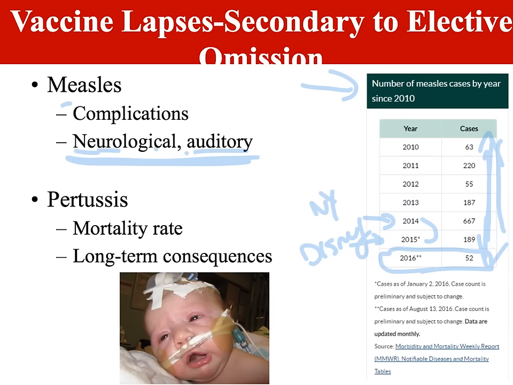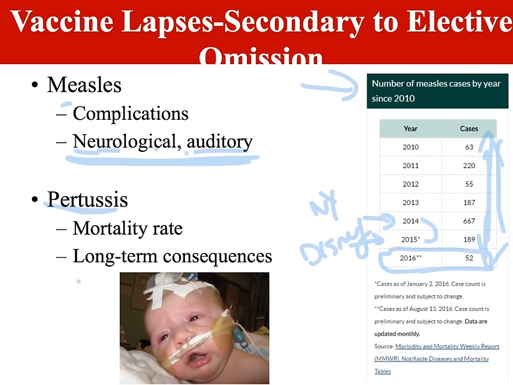Even more importantly, I think, is the discussion around pertussis. As we mentioned, pertussis has a rather high mortality rate, and pertussis has serious long-term consequences.